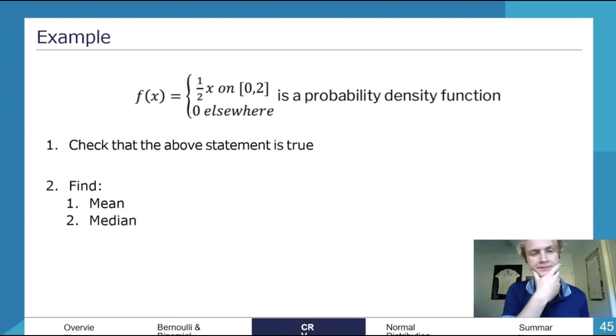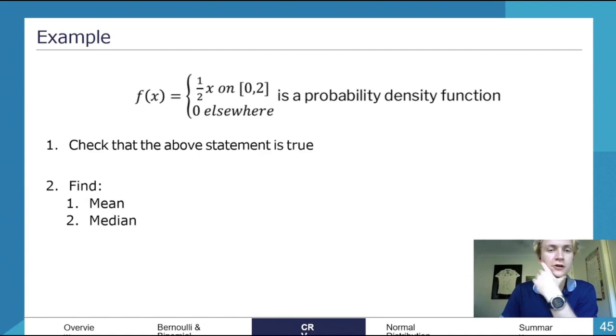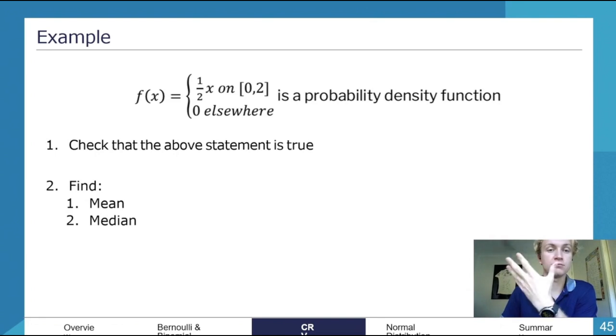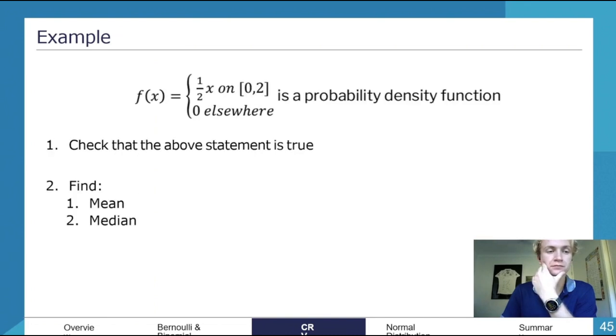First we have to check the statement is true, so remembering our two rules: first of all, it's never less than 0, and make sure you write that. Also, the integral between the lower and upper bounds, 0 and 2, where it's actually relevant and not 0, if we integrate in terms of x between 0 and 2, equals 1. Therefore, it is a probability density function.